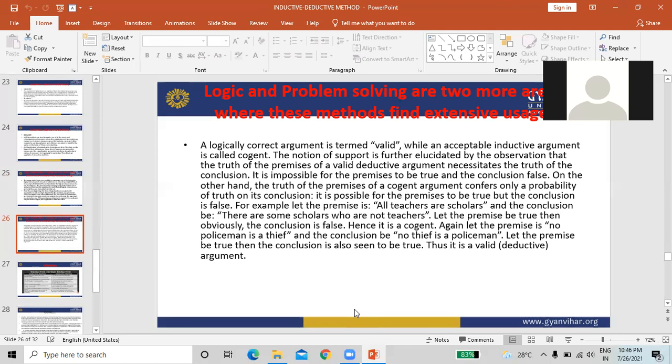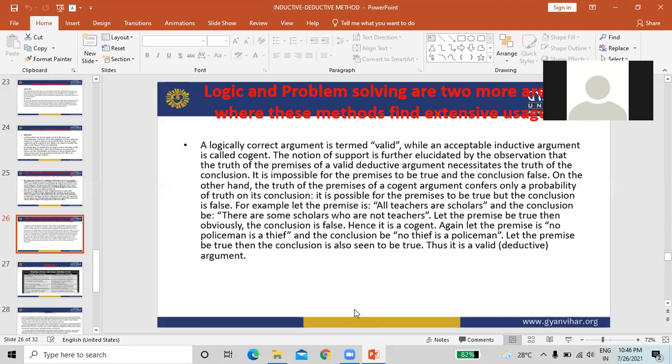It is not possible for the premises to be true and the conclusion false. On the other hand, the truth of the premises of a cogent argument confers only probability of truth on its conclusion. It is possible for the premises to be true but the conclusion false.